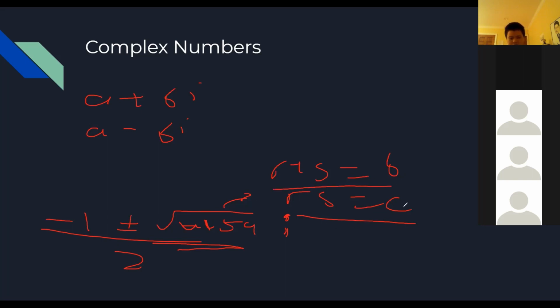However, b is real and c is real, while r and s are not real. So this is because of a conjugate. If you multiply this out, you get a squared plus b squared. It's a real number. Similarly, if you add them, you would get 2a. So as you can see, conjugates are very useful for turning something that might be complex into real, possibly.